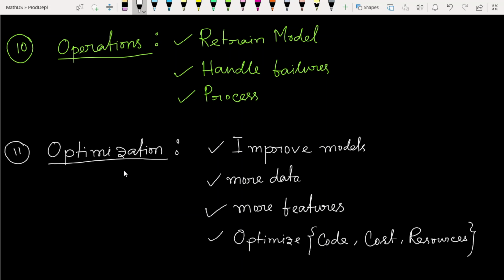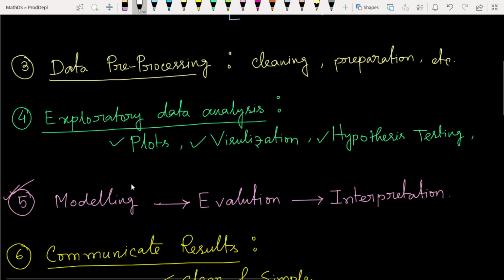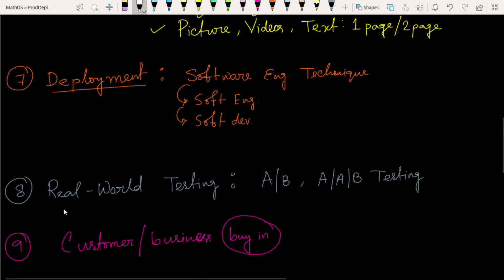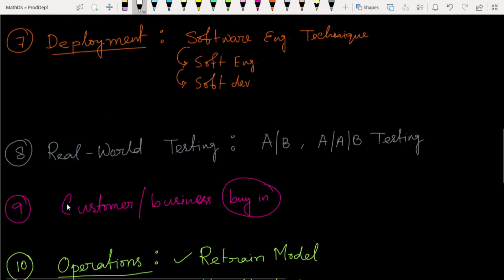There are also various techniques. These are the main key steps that we have to maintain to build an end-to-end production model system, from start level to end level. These 11 stages are what we mainly have to maintain.